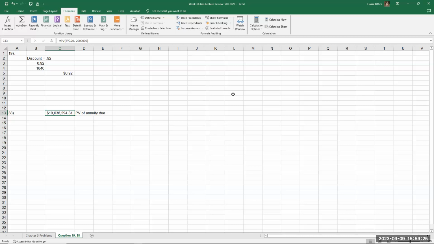So there's a variety of different things we've seen in Chapter 5. We've seen the future value of money, a lump sum payment in the future: what is it going to be? We've seen the present value of money, one lump sum received in the future: what is its value today? We've seen the cash flow in the future: what is its present value today? We've seen amortization, how to determine a payment structure of interest and principal over time.